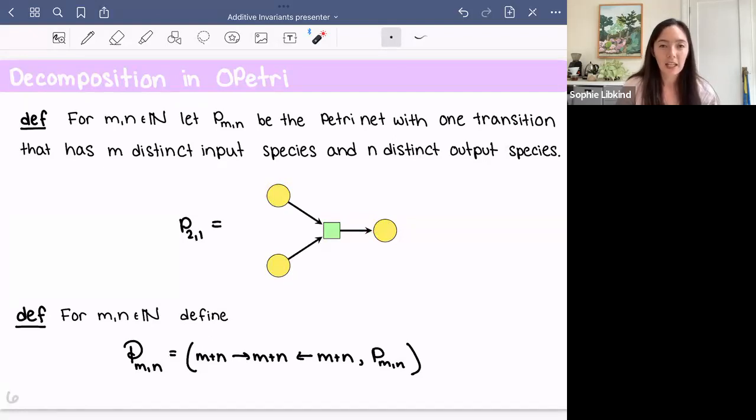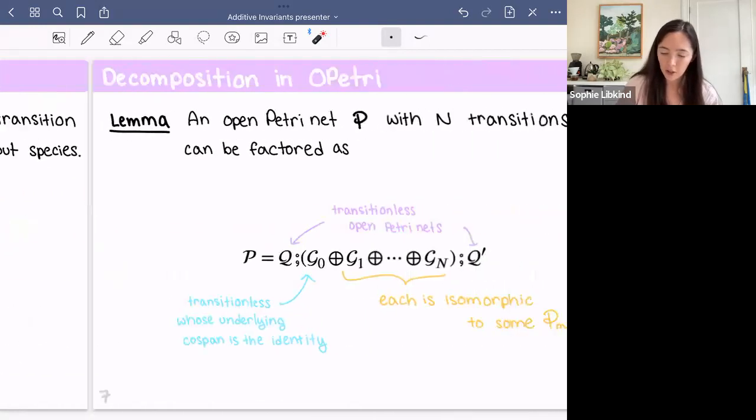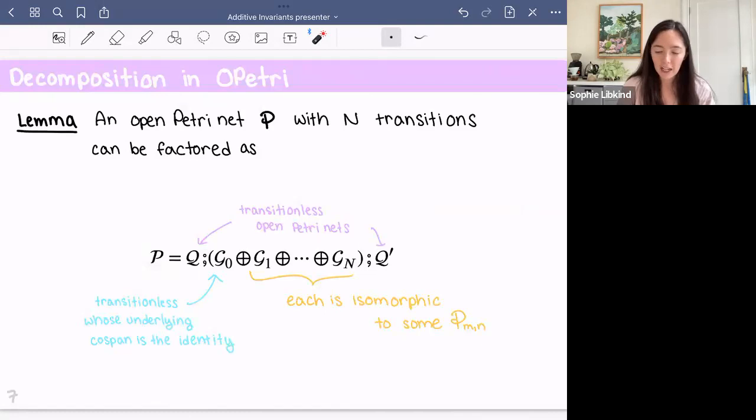Then we can turn that into a canonical open Petri net. Again, for m and n natural numbers, we're going to think about the canonical open Petri net, which is decorated by that P sub mn and whose underlying cospan is the identity. These are our building blocks for our decomposition. To move on to the decomposition lemma: any open Petri net P with n transitions can be factored as follows.